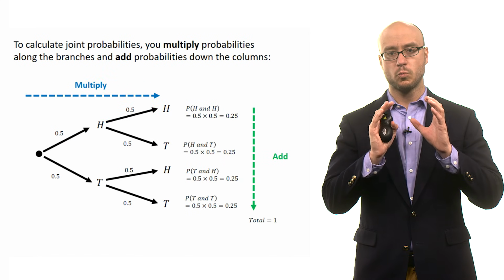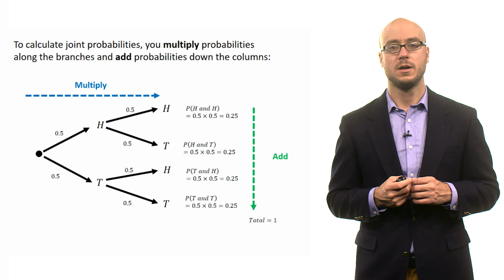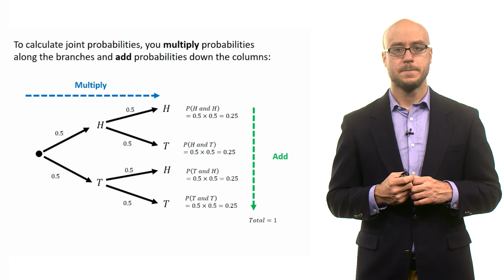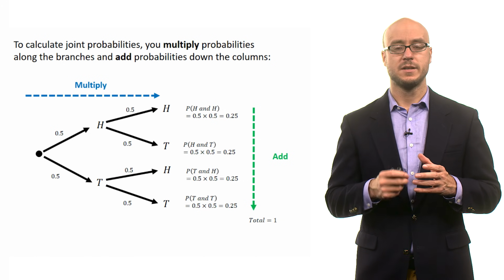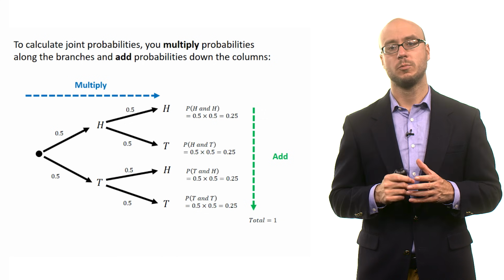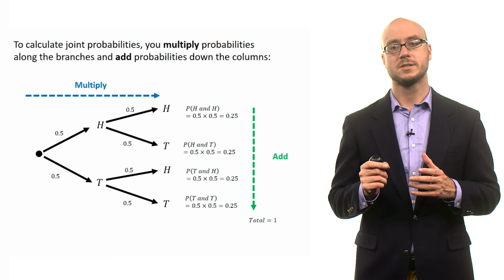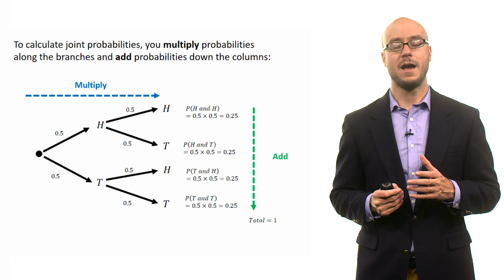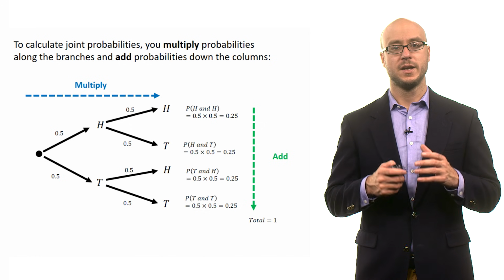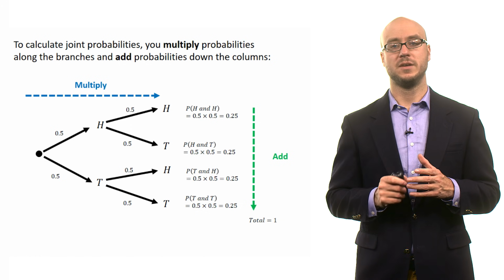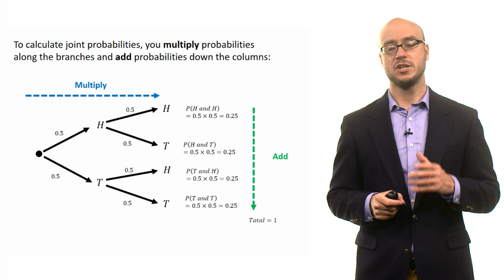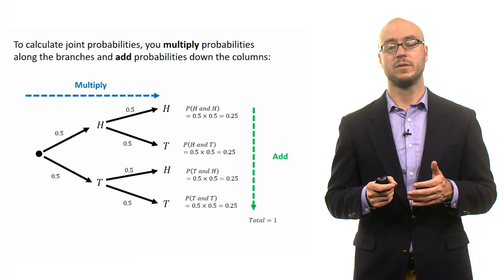So you can see that one way of working with conditional probabilities is to understand that in a probability tree, what you're doing is you're multiplying across and you're adding down. So for example, in this case, to find the probability of flipping a heads and then a heads again, you multiply 0.5 times 0.5.